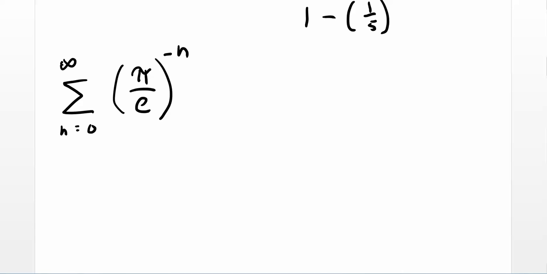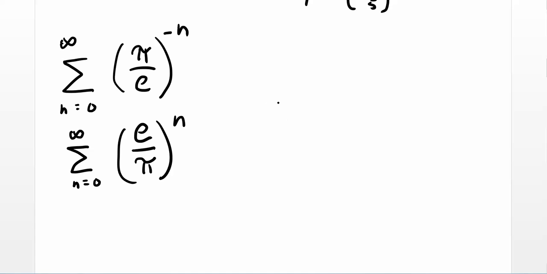So let's approach this the same way. We want to make sure it's to the n to start with. So we have a fraction to a negative exponent. We can just flip the fraction to make the exponent positive.